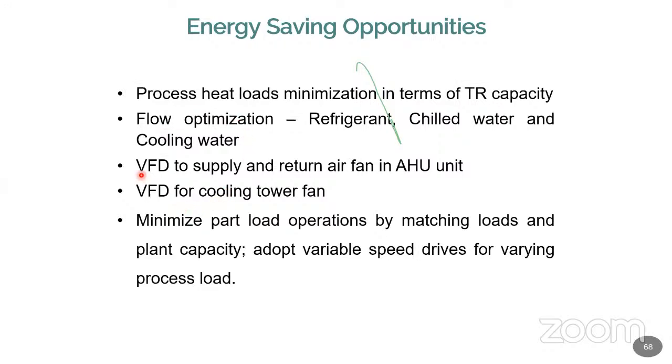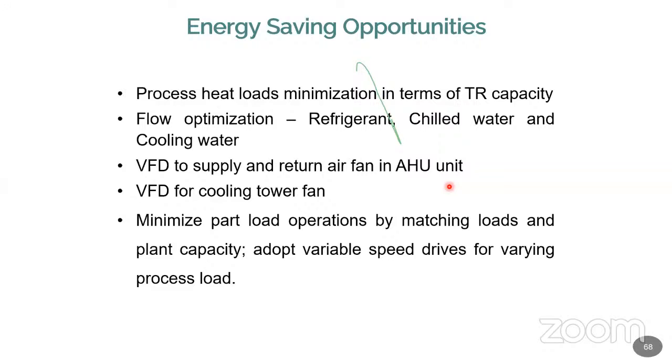Then you can use a variable frequency drive for the AHU, because sometimes in the space where you are providing the air conditioning system, sometimes the people will be higher, sometimes the people will be lower. So for fewer people, you don't operate the fan at full speed, even though the chiller coil is going to be the same, but the fan operation is going to be restricted, because you may give a lesser amount of air to the people because it is sufficient.